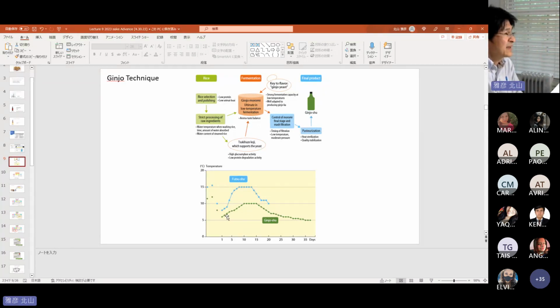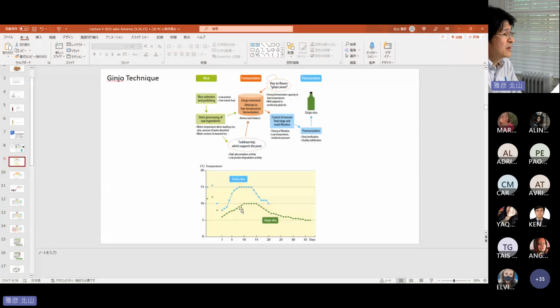You can see the temperature to make ginjo sake is lower than 10 degrees Celsius, so we have to keep the temperature very low, between 5 or 6 degrees Celsius and 10 degrees Celsius.